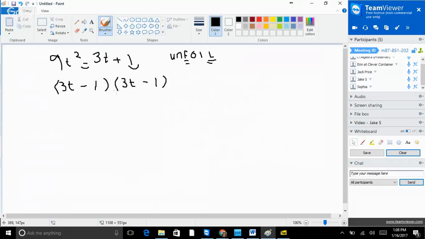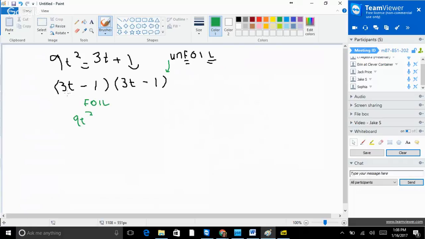But I don't even know if this works. How do I check if it works? Well, I used unfoil to try to create this. I'm going to use foil to see if it works. So let's try foiling it. 3t times 3t is 9t squared, right?